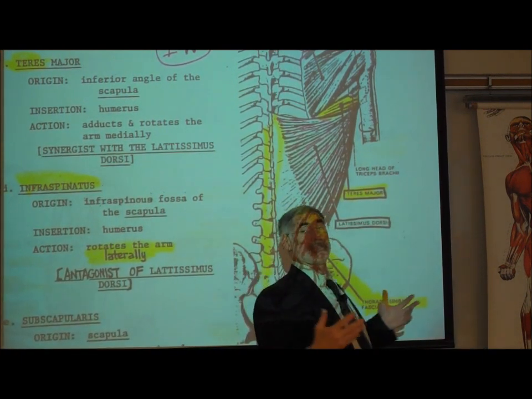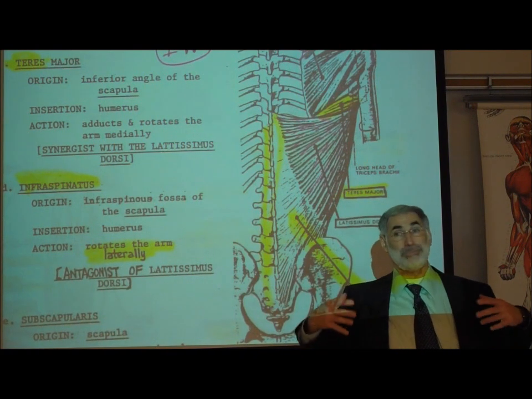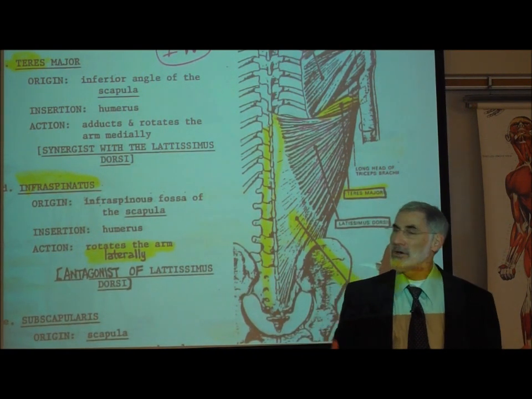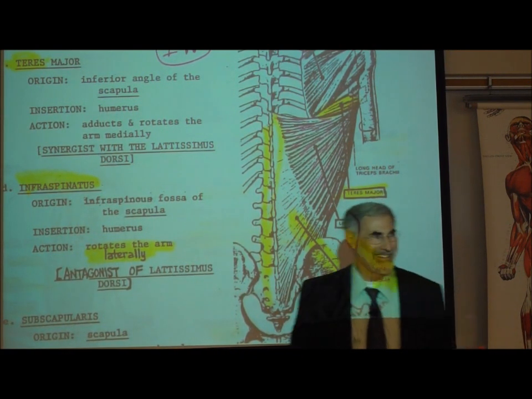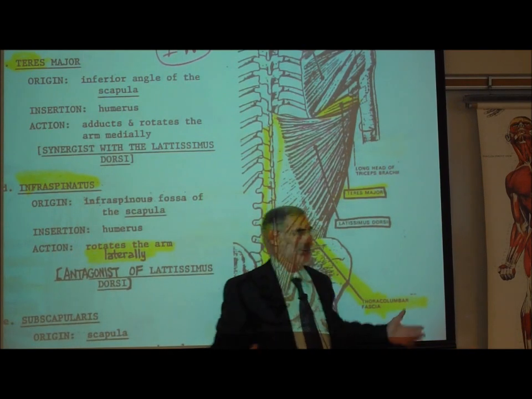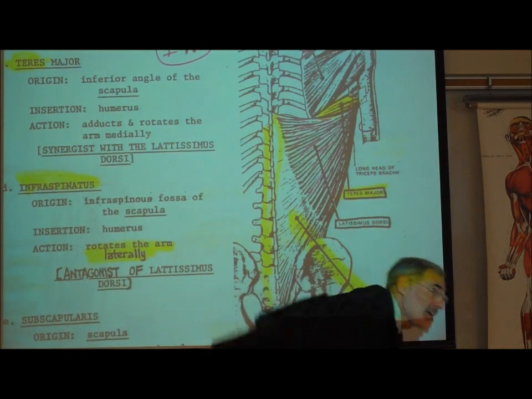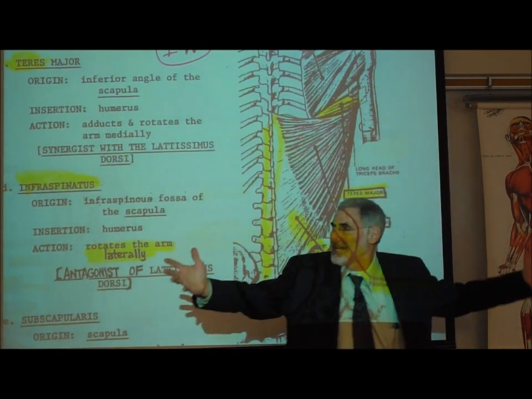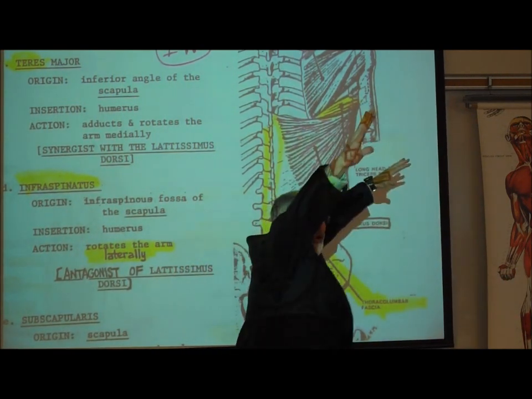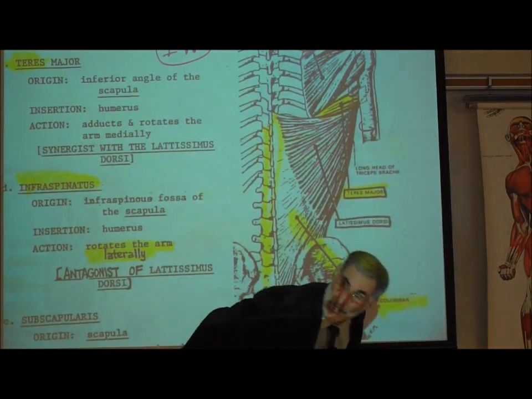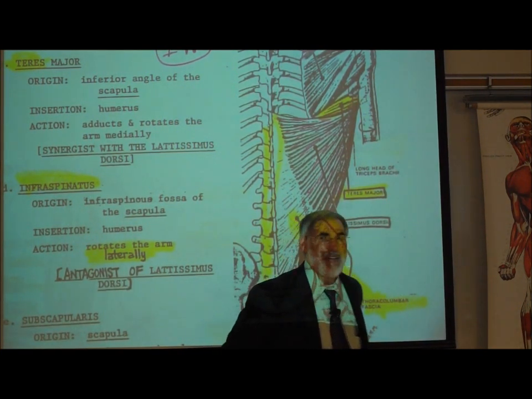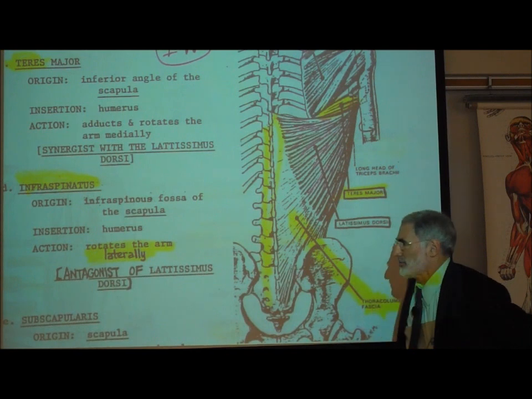A particular type of swimmer that especially has huge lats are those who do the butterfly stroke. Does anybody know the butterfly stroke? It's like this, and I'm probably not doing it right, but it's a really powerful backward stroke with the whole arm. And that really uses the Latissimus dorsi.